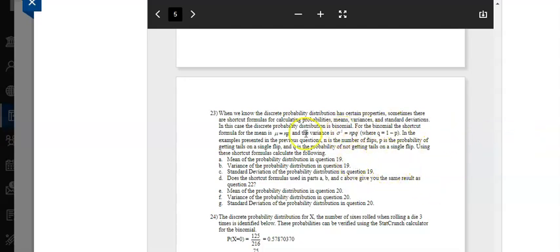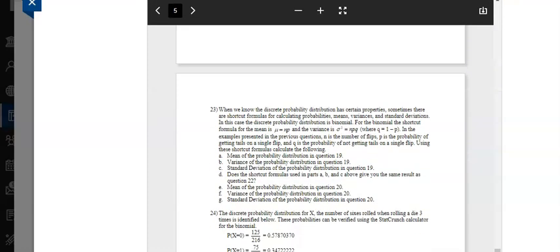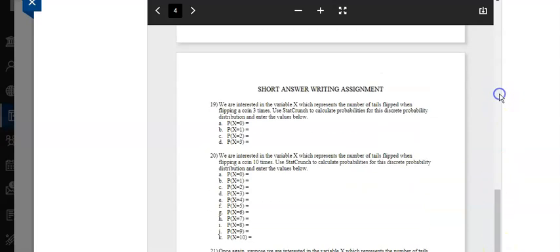Now let's notice that for the mean, we need n and we need p to do this shortcut formula. n is the number of flips and p is the probability of getting a tail. If we look back at number 19, we are flipping a coin 3 times.